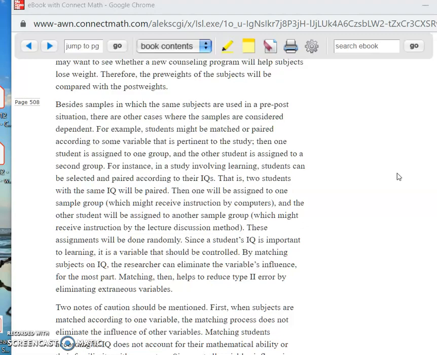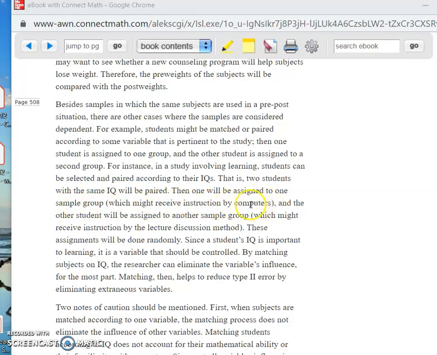But the key here is that you are looking not at the score that John gets, not the score that Susie gets. You're looking at the delta of the scores. So in a situation where he talks about right here, let's say John's in the group that gets instruction by computers.